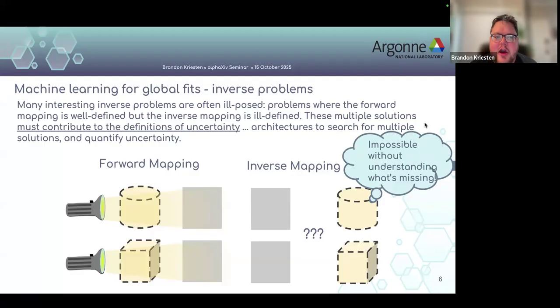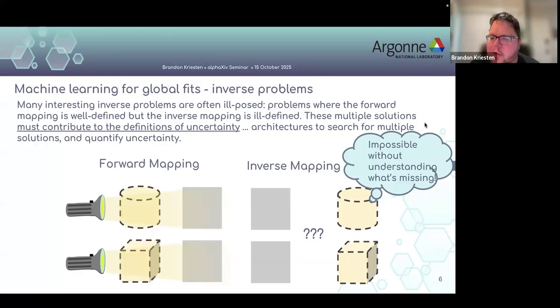So one can think of something like a Platonic example of a forward mapping where a light shines on a three-dimensional object and casts a shadow. This is a well-defined forward mapping. I know how to go from 3D shape to shadow. That's fine. But what if instead all I have is the information about the shadow? And I want to say, well, what three-dimensional object casts that shadow?